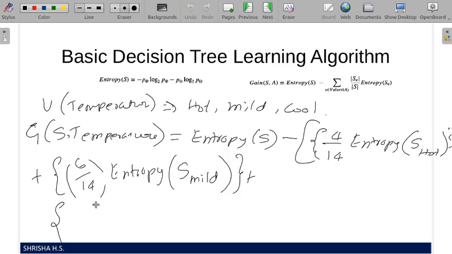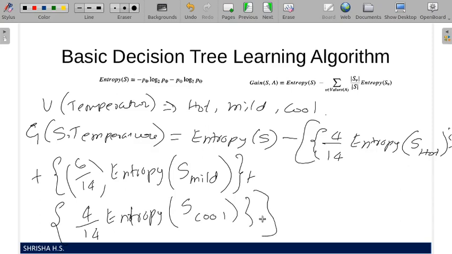So 4 cool instances out of 14, multiplied by the entropy of the instances where temperature equals cool, this you have to calculate. Upon calculating, we will get the value 0.029. This will be the information gain for temperature.